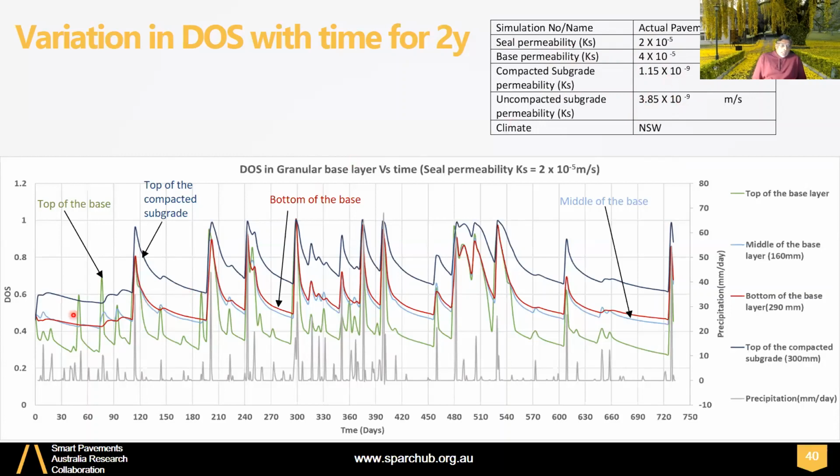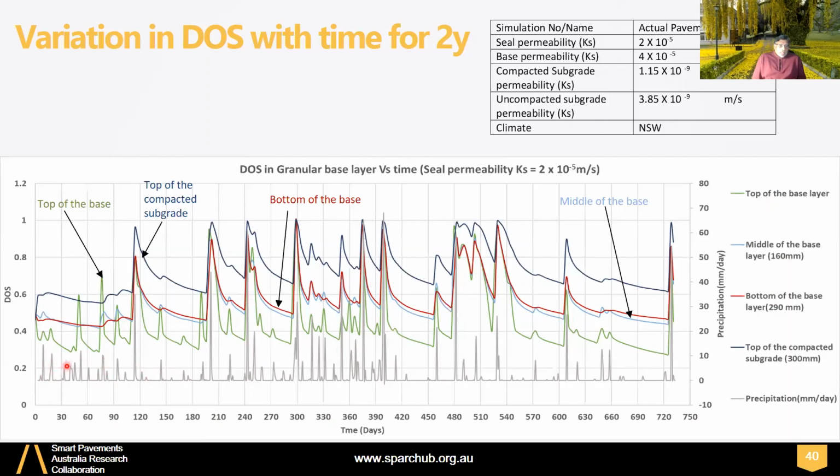So in this diagram, we have degree of saturation on the y-axis and time on the x-axis: 30 days, 60 days, 90 days, and so on, up to 2 years. We are looking at the top of the base layer in green, the middle of the base in blue, and so on. Here you can see green, and also the rainfall pattern in the light gray.